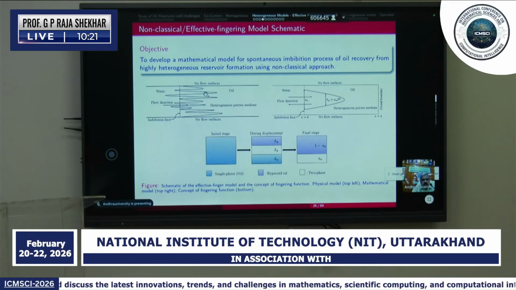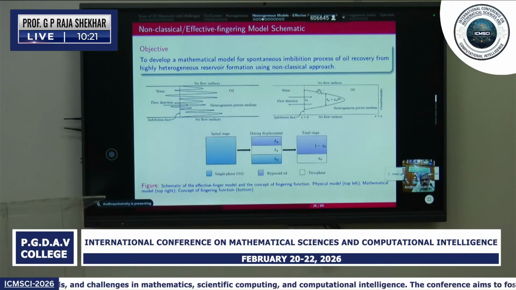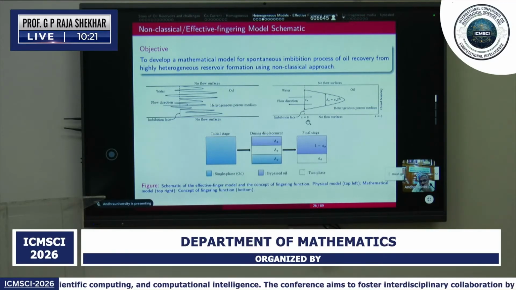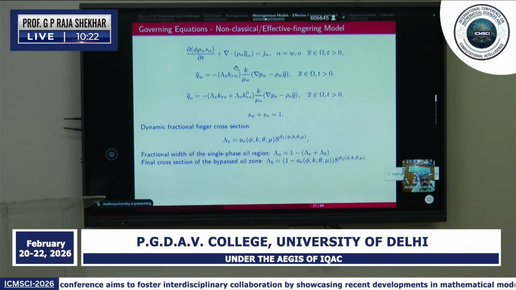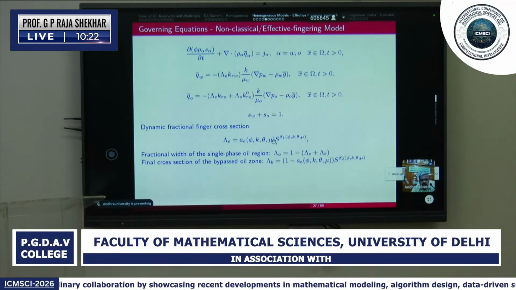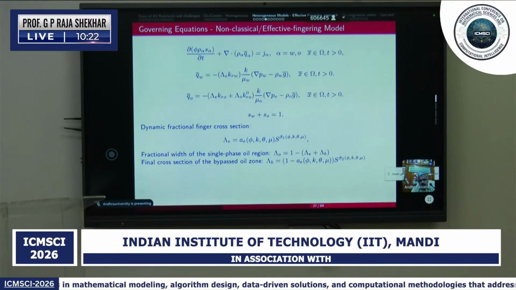That means all these fingers are equivalent to one single effective finger with the mean radius, and then this effective finger is put into the Darcy equation for each phase, where the fractional finger cross section is a function of permeability, porosity, contact angle, viscosity, saturation, and so on.